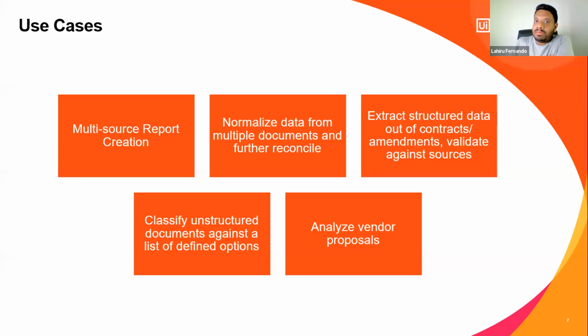You get a bunch of documents. All these things are input documents that you get. But instead of someone going through these documents and validating them, you can introduce generative AI because it understands the language. Train it on your data, and then use document understanding combined with Gen AI to get the best results out of it.